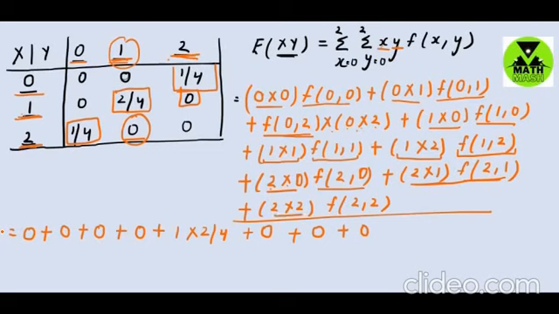And 2 multiplied by 2 is 4, and f at 2, comma 2 is 0, so this is 0. So the final value is coming out to be 2 by 4.